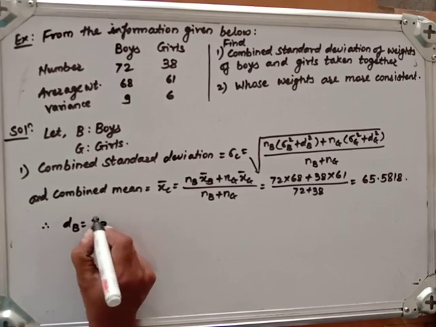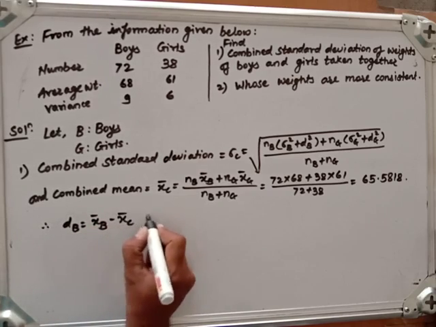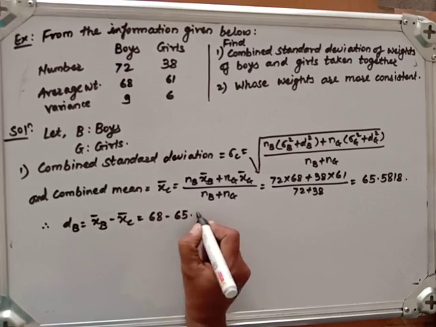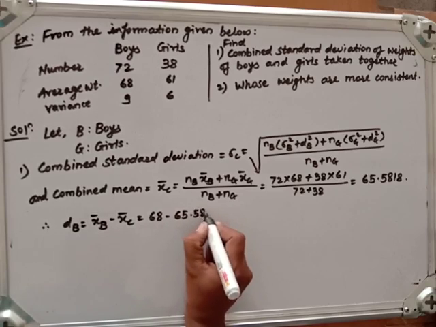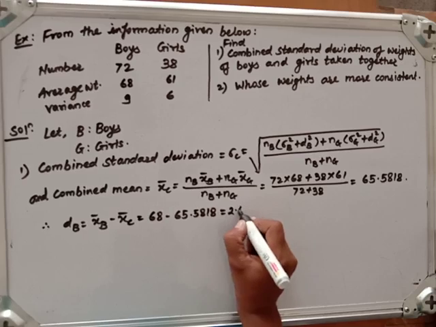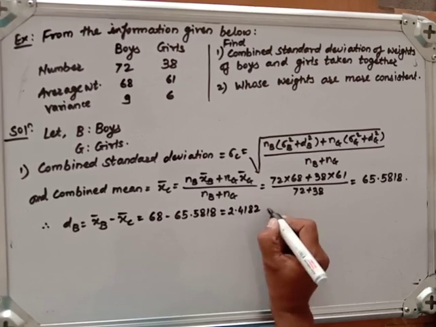DB is XB bar minus XC bar, 68 minus 65.5818, which is 2.4182.